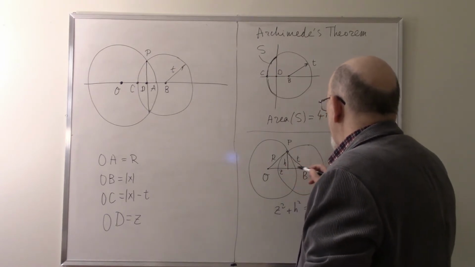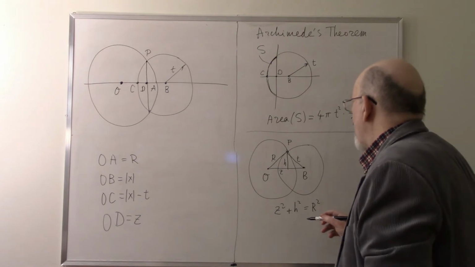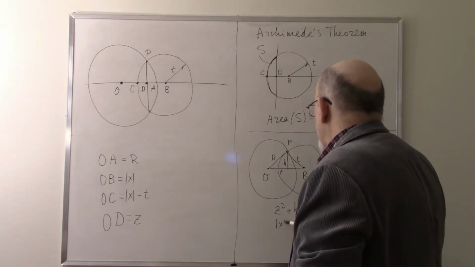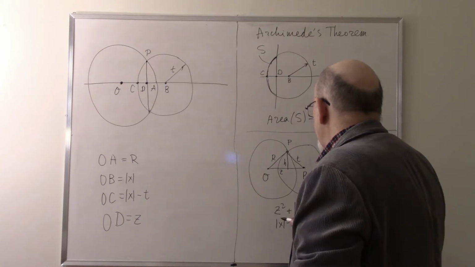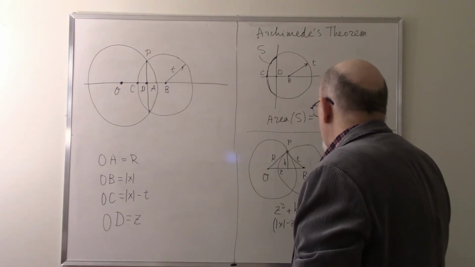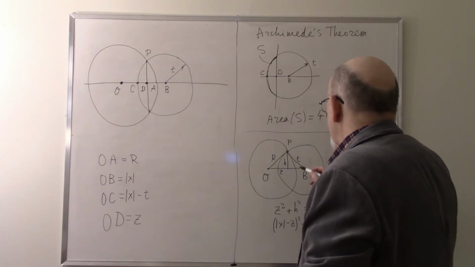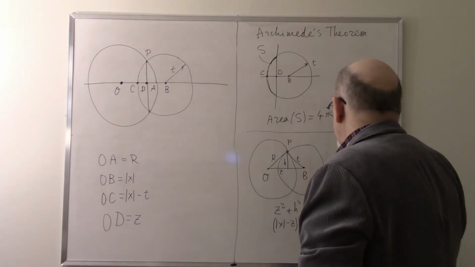In this right triangle, module X minus Z square plus H square equals T square.